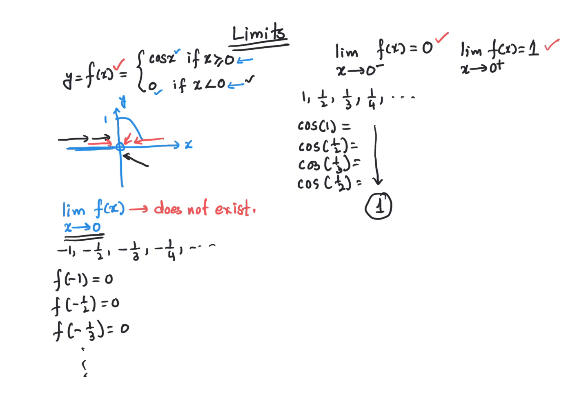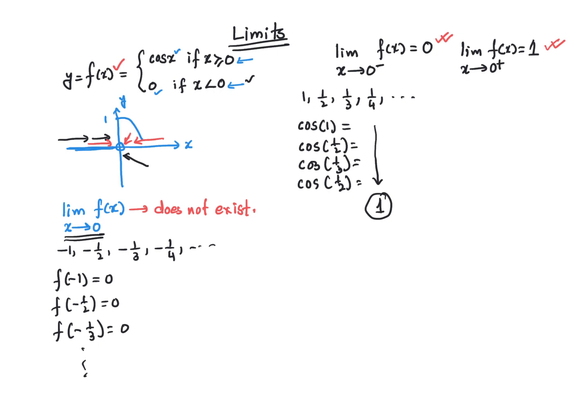Here I want to emphasize the fact that if the limit at a point for a function does exist, then both the left limit and the right limit must be the same. Once again, if the limit for a function at a particular point exists, then the left limit, that means if you approach the point from the left, and the right limit, if you approach the point from the right, both of these limits must be equal. So let me define this.